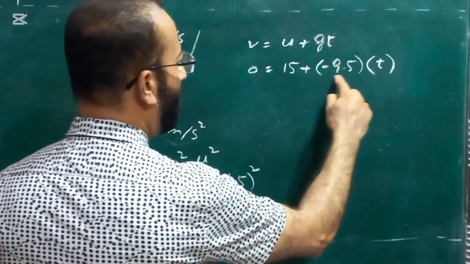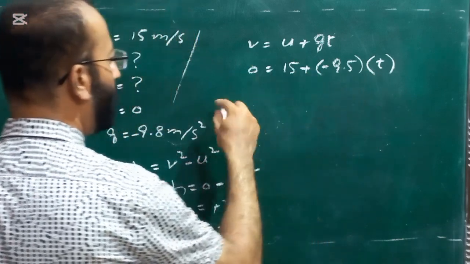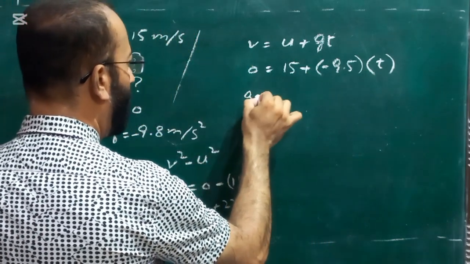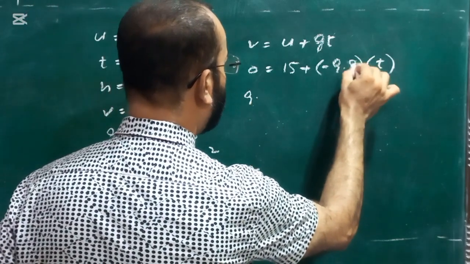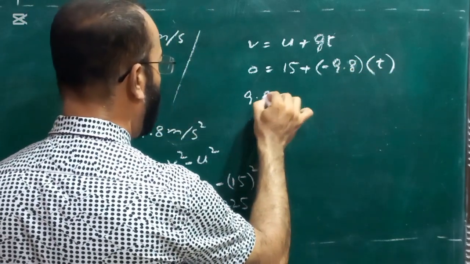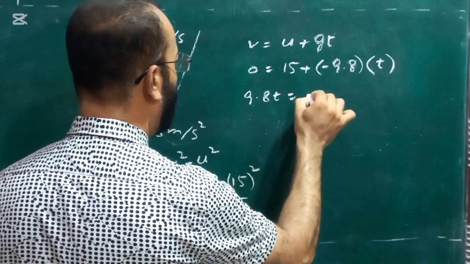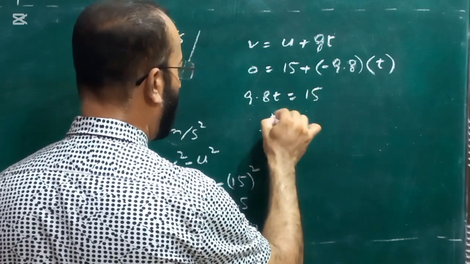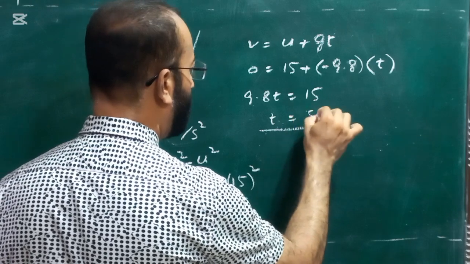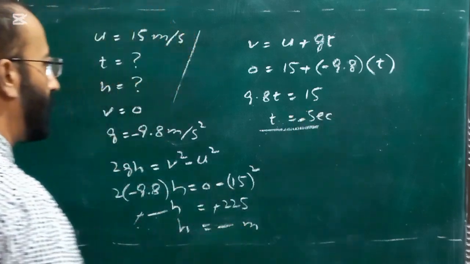So this minus factor will come to the left side and will become positive. So 9.8 t will be equal to 15. Solve it on the calculator, you will get the answer of t, that will be in seconds. So this is the answer.